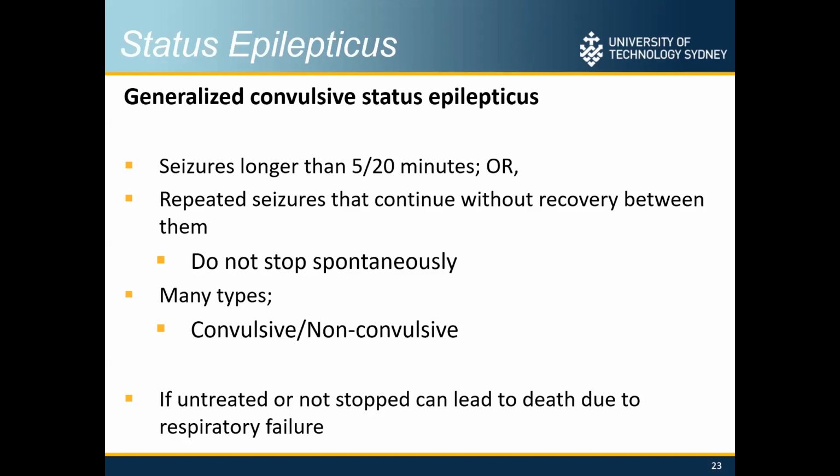And it is mainly characterized by the onset of repeated seizures without recovery between them. And because this can last for 5 to 20 minutes, it has been known that if this is untreated or not stopped, this can usually lead to the death of that individual.